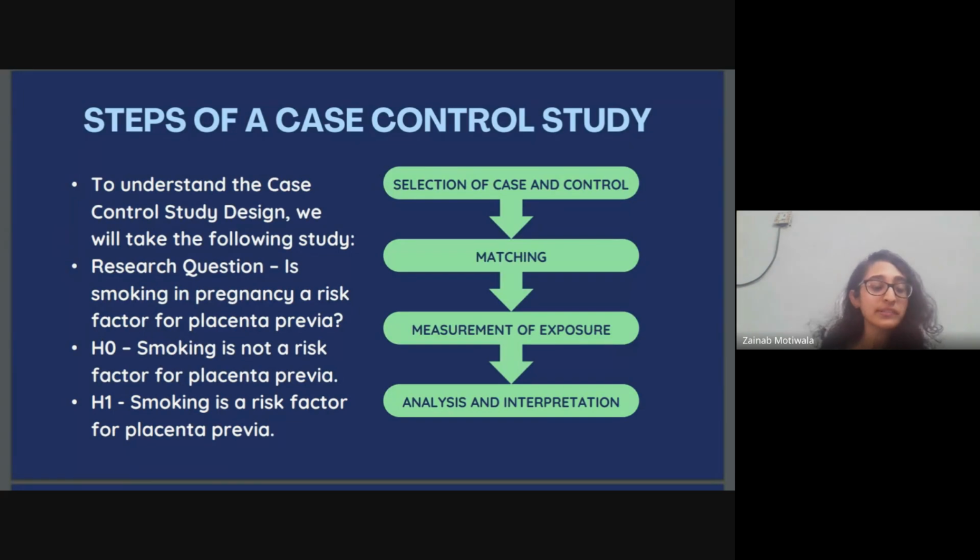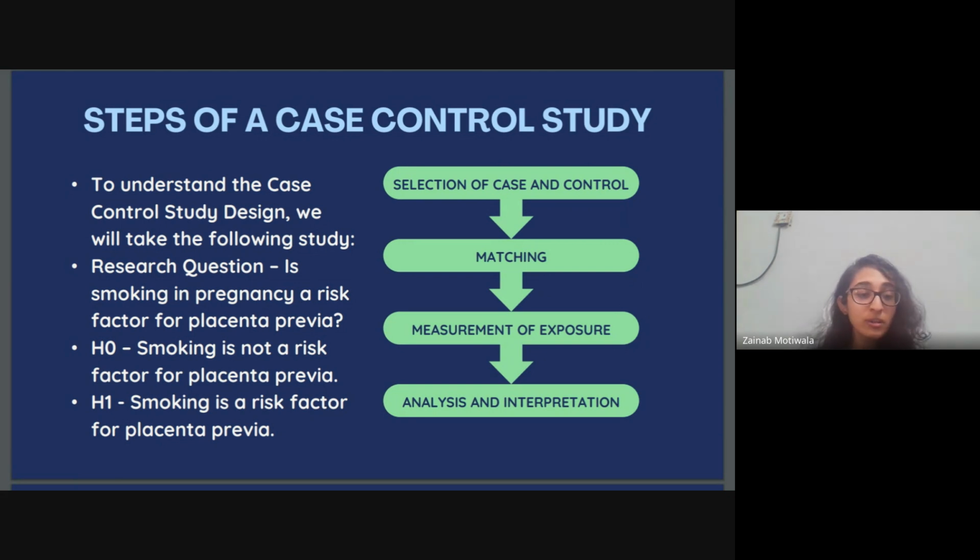The null hypothesis is almost always the opposite of what we're testing, or what we're expecting the outcomes to be. So that is, smoking is not a risk factor for placenta previa, while the alternate hypothesis is smoking is a risk factor for placenta previa. Usually our aim with studies is that we reject the null hypothesis and accept the alternate hypothesis.